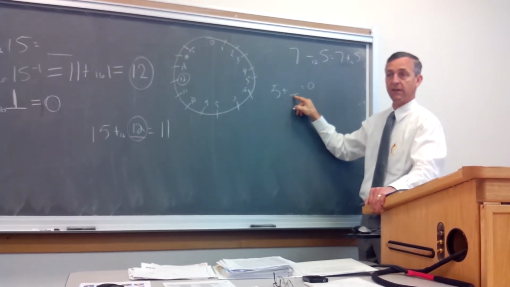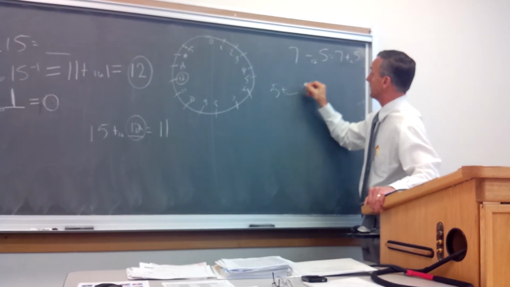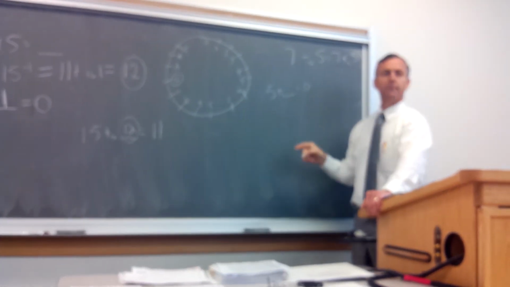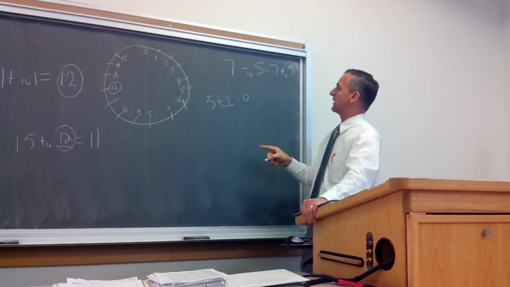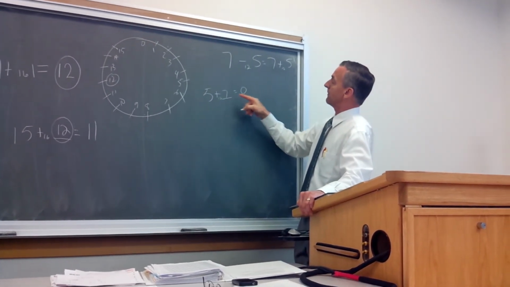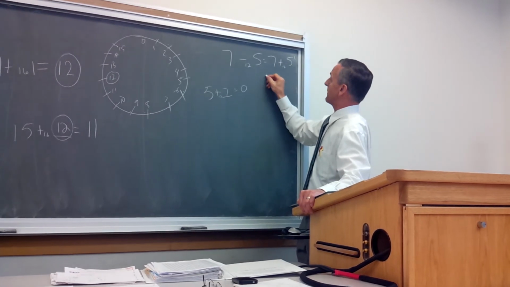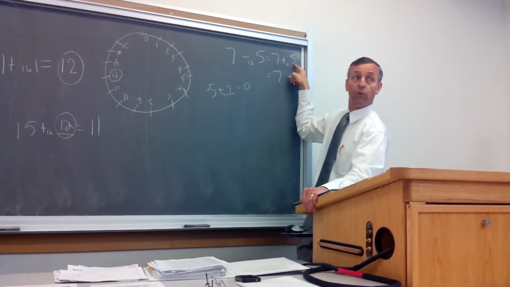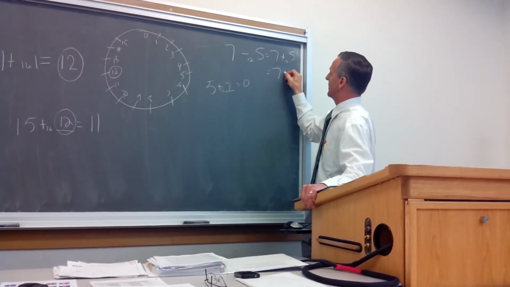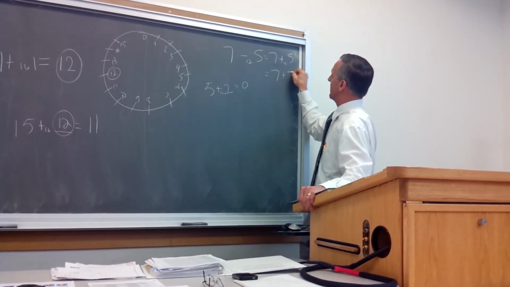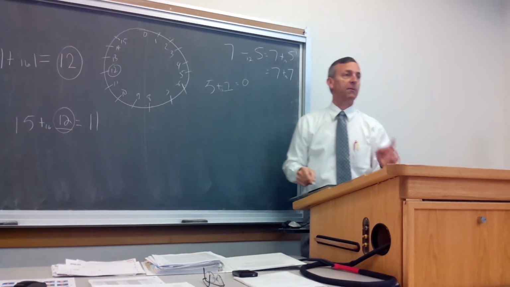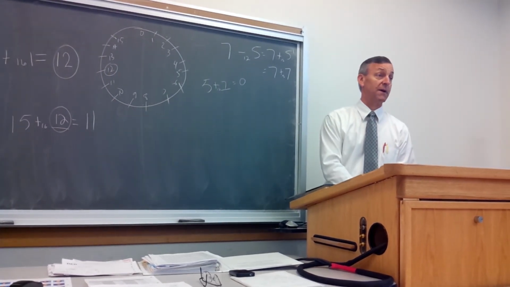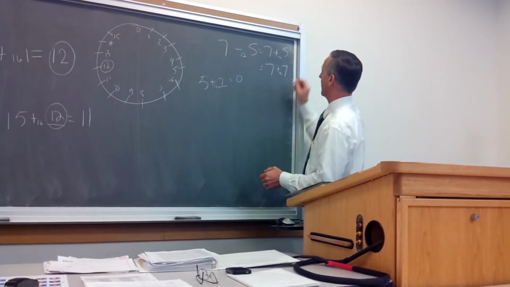That will be the inverse, and this is in clock 12. So what will that be? 7. Okay? So if 7 is the inverse of 5, I'm going to come down here and replace 5 with that. 7 plus 7. Now I'm going to have to divide. What's my answer? 2. Okay.